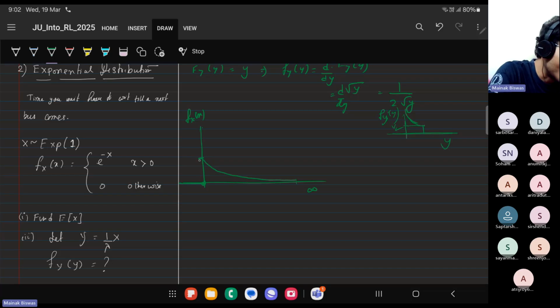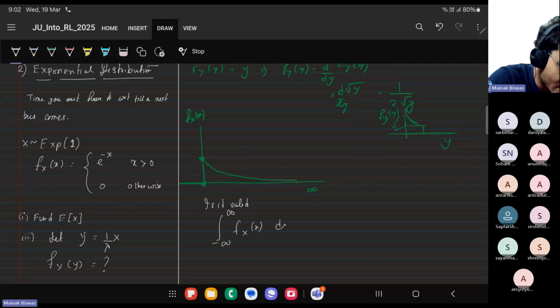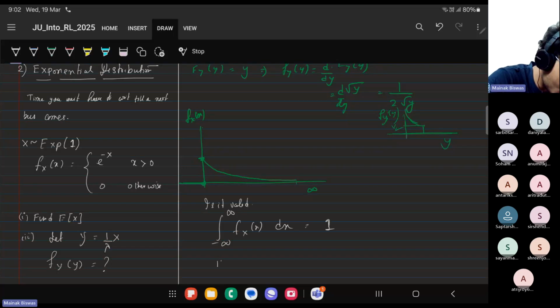Now I ask you this question: is it a valid PDF? Recall, for a valid PDF, the integral from minus infinity to infinity of f of x dx has to be 1. So what is the LHS?